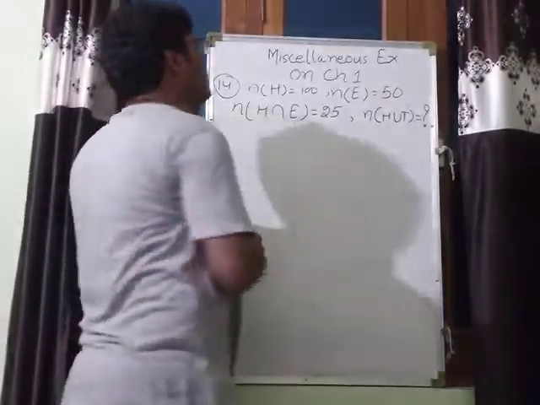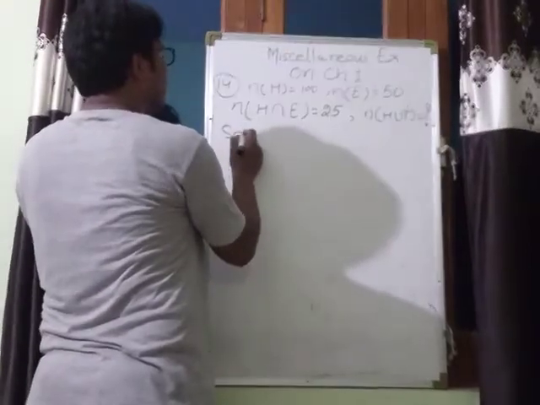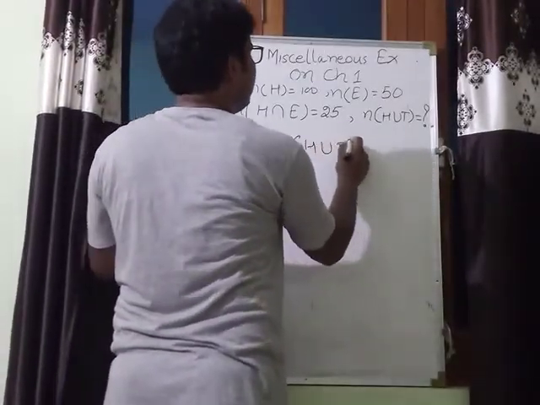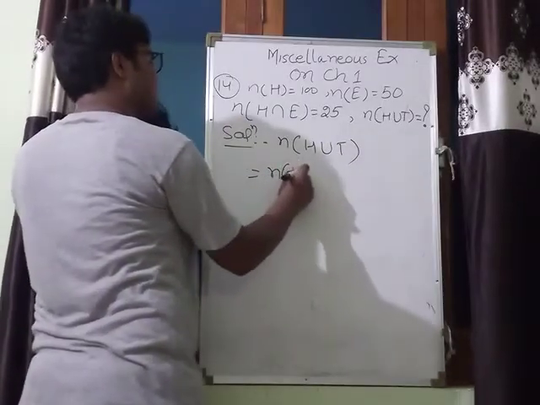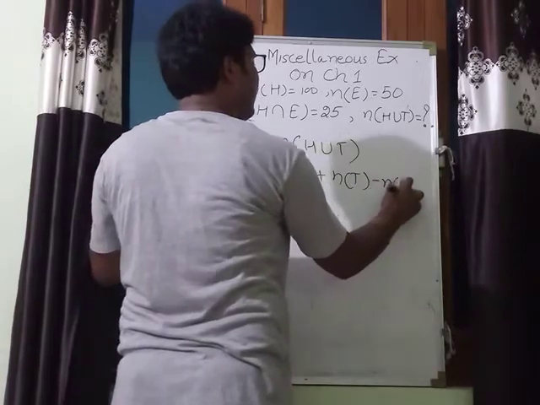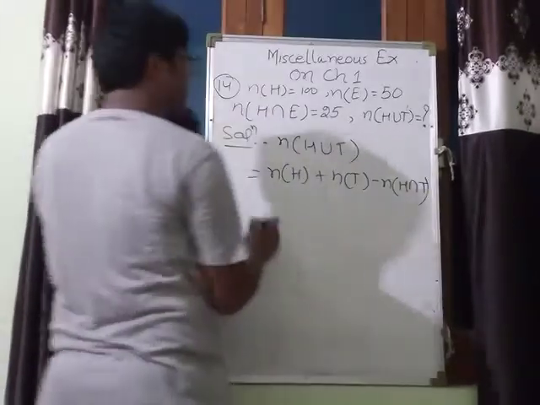Clearly this is very easy now. n(H union E) will be equal to what? n(H) plus n(E) minus n(H intersection E).